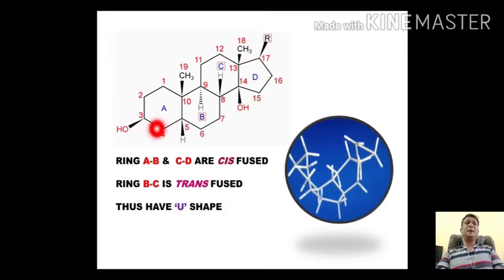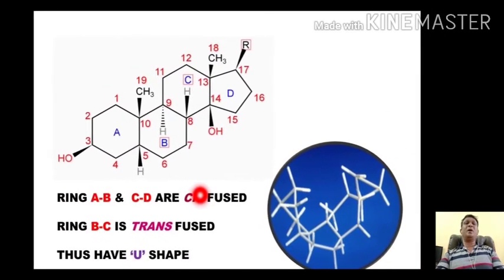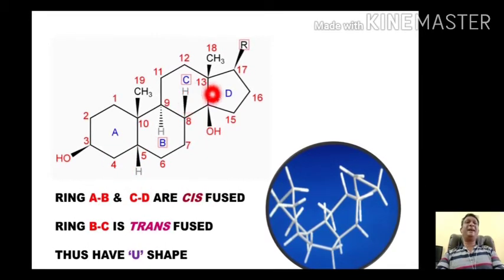Here ring A and ring B have the cis configuration, which we can easily understand by the position of the groups at C5 and C10. Both groups are in the beta orientation, that means they are in the same orientation. That's why the configuration of rings A and B is cis fused.